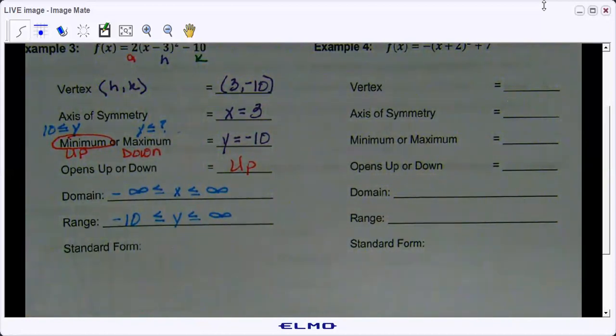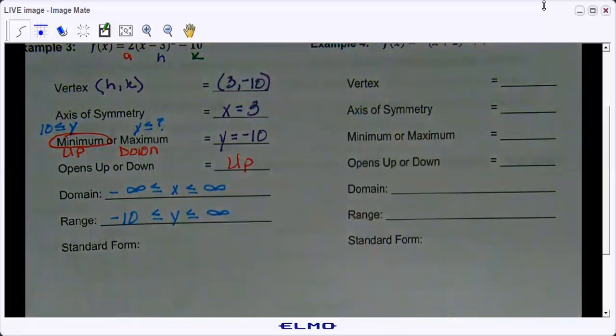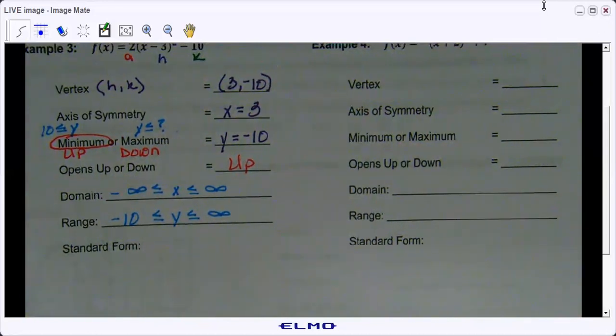Now we're going to take this equation and put it into standard form. What is standard form? You guys remember? Okay, you guys are on the right track.